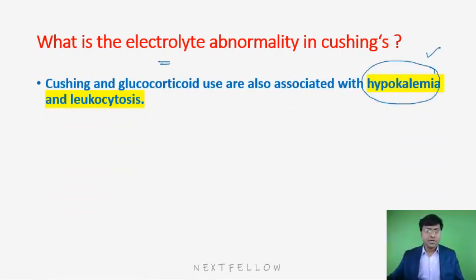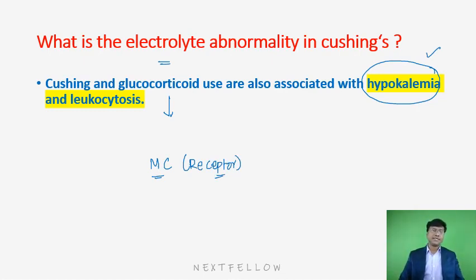Why is that? Because these increased steroids will act on the mineralocorticoid receptors, and that will cause sodium and water retention and potassium excretion resulting in hypokalemia. So this will be the electrolyte abnormality in Cushing's.